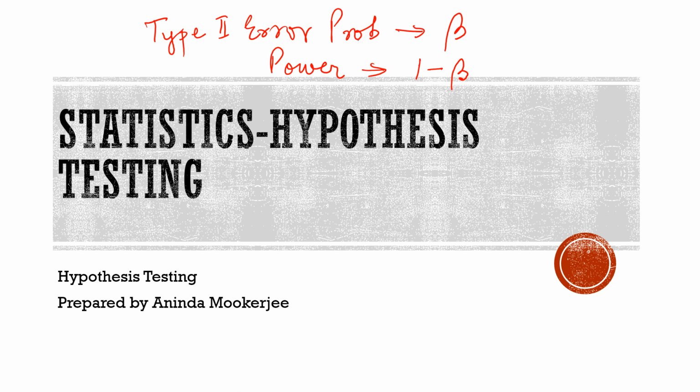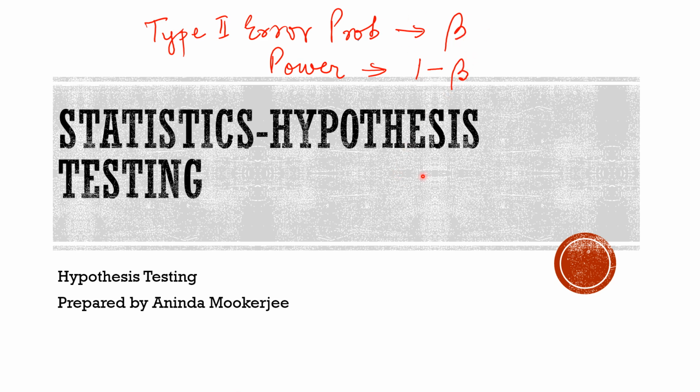So we are going to go through the steps. First, we are going to understand what type 2 error probabilities are and what power of a hypothesis test means, and then we are going to go through the step-by-step process of calculating the beta, and then from there how to calculate the power. The formula for the power is pretty simple. It's the calculation of the beta which is a little more complex.